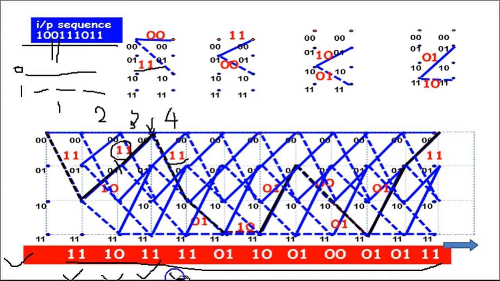This has been continued over here: the next bit is 1, again 1, so follow discontinuous, discontinuous; next is 0, which means continuous; then discontinuous, discontinuous, continuous, continuous. In this manner we are getting the encoded output.